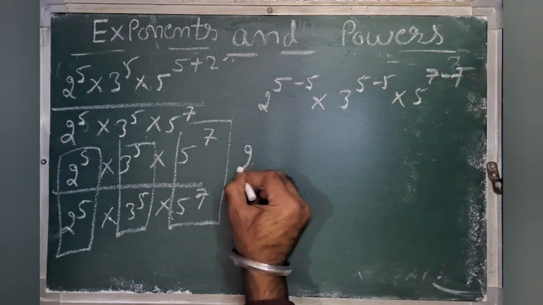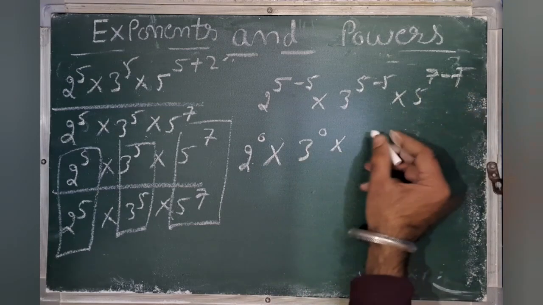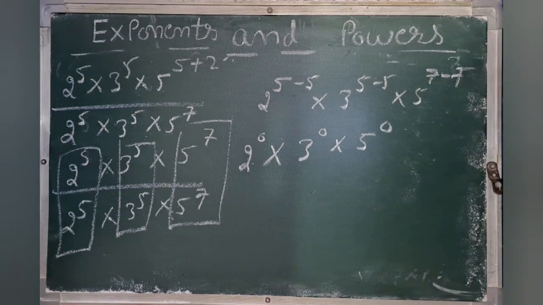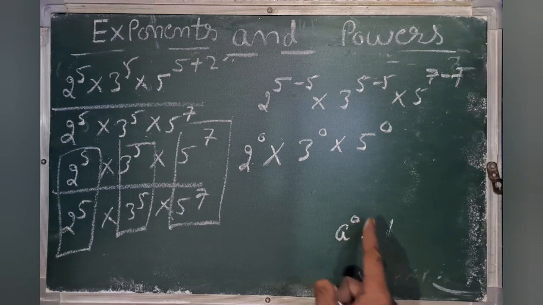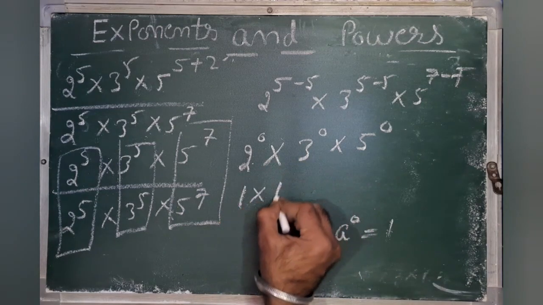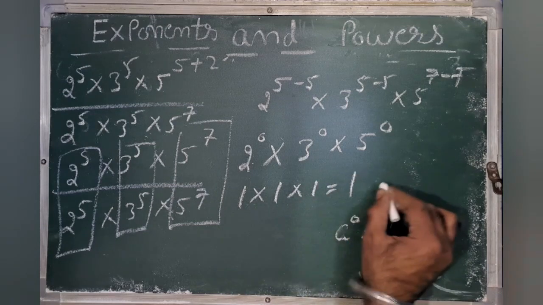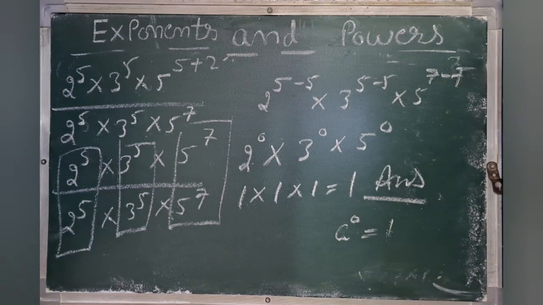So 5 minus 5 is 0, and 7 minus 7 again 0. So if the power is 0 that is 1. So any number power 0 is equal to 1. So 2 power 0 is 1 multiply 3 power 0 is 1 multiply 5 power 0 is 1. So 1 into 1 into 1 is 1. That is the answer. I hope you understood this video.